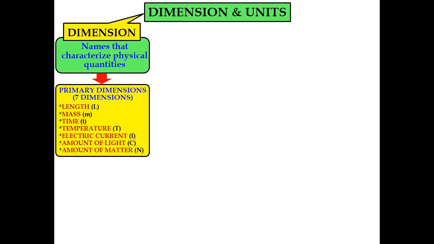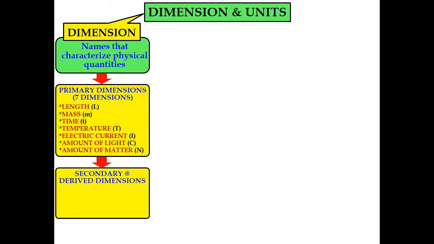So we have length with symbol L, mass with symbol M, small letter m, time T, small letter t, temperature, capital letter T, electric current, capital letter I, amount of light, capital letter C, and the last one is amount of matter, capital letter N. These are the primary dimensions that we normally use in our engineering subjects.